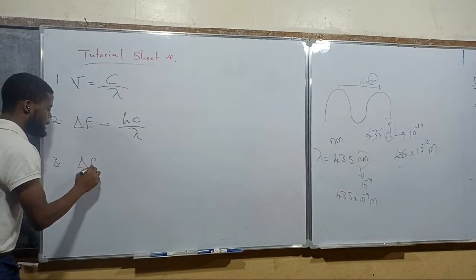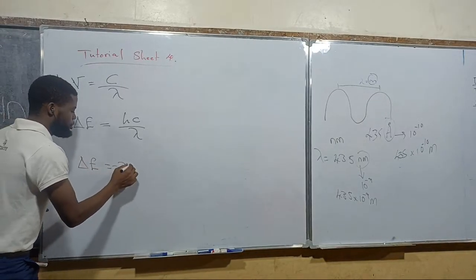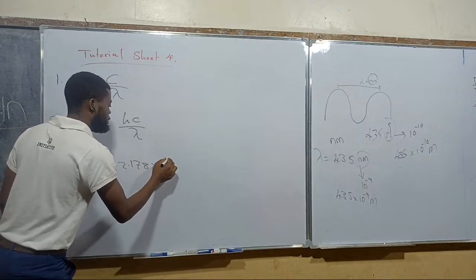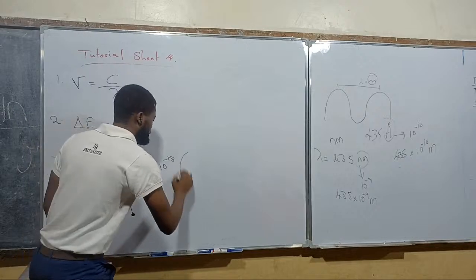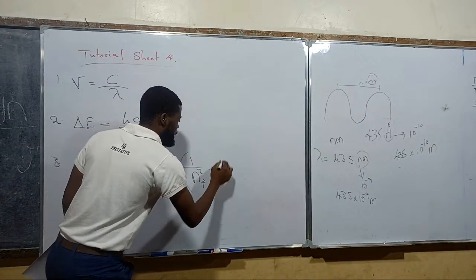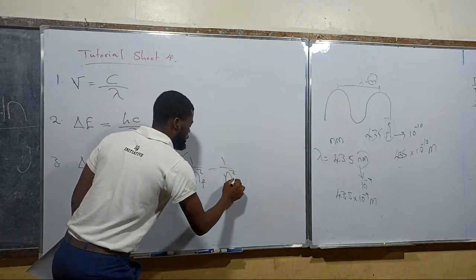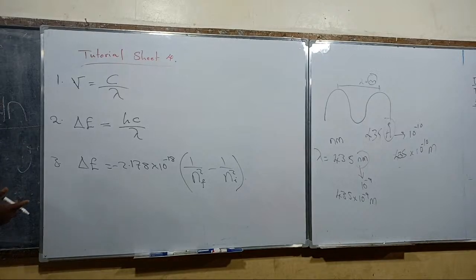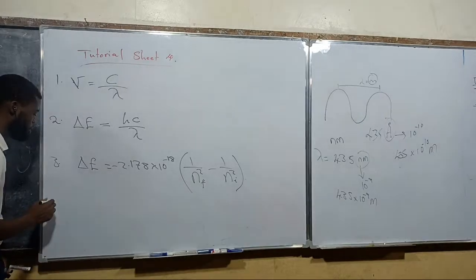Delta E, change in energy, is equal to negative 2.178 times 10 to the power negative 18, open 1 over n squared final minus 1 over n squared initial. Of course, that is for the hydrogen atom when an electron is moving from one energy level to the next.